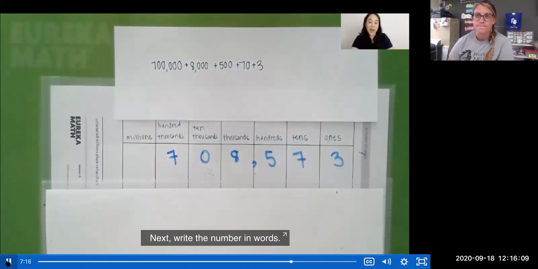Next, write the number in words. As you do, remember to think about the correct use of commas and hyphens.